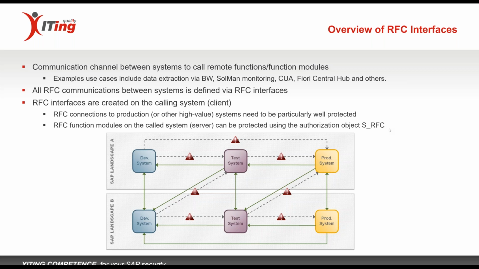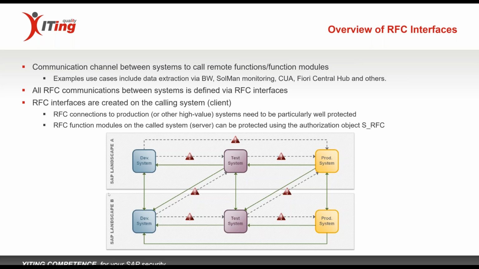So you can say, okay, this user can execute, for example, RFC_PING, so that he can ping another system or can get pinged. Or you can also authorize function groups. Function modules are also grouped together in so-called function groups. You can compare it to table groups, where tables are grouped into table groups. You can authorize for table names or table groups. Same thing with these function modules and function groups.